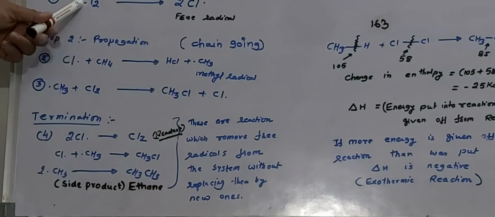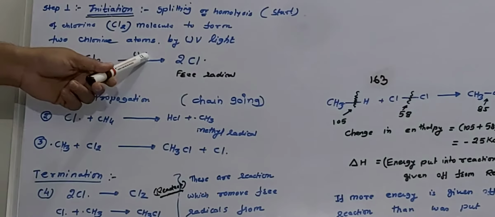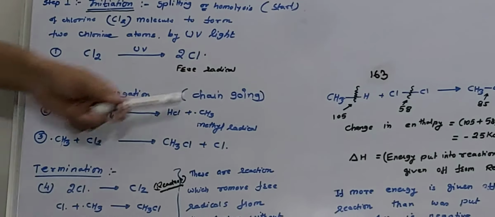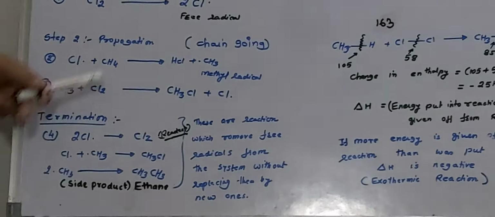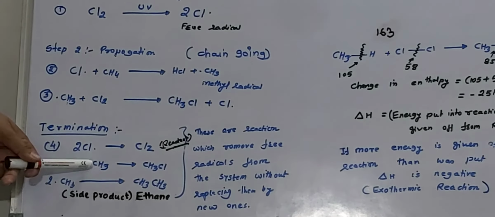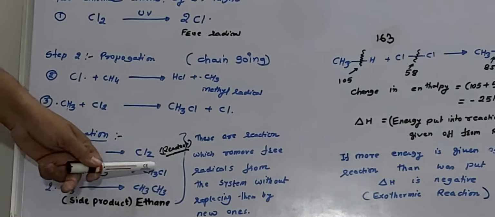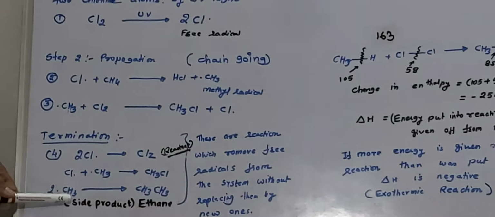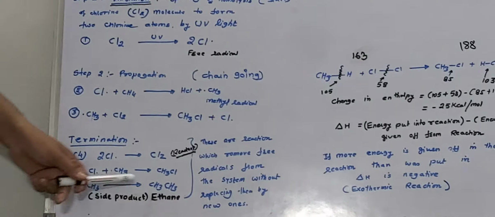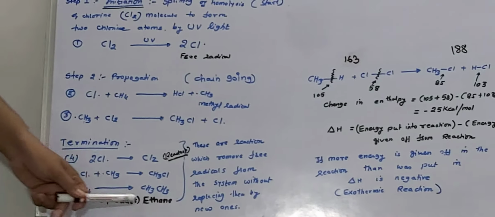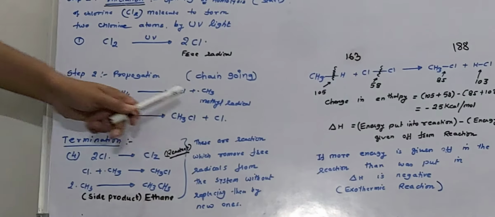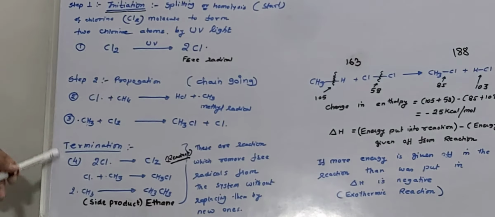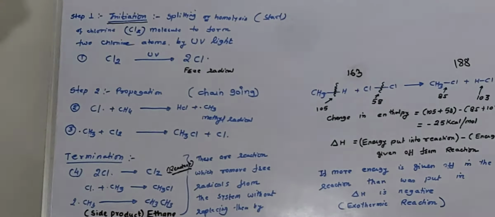This reactant again reacts under the UV light and gives the free radical formation. Similarly, the free radical formed here reacts with the methyl free radical, and CH3Cl formation takes place, and two methyl free radicals when they react together, form ethane, which is the side product. So this is the last step where the termination of the reaction takes place.